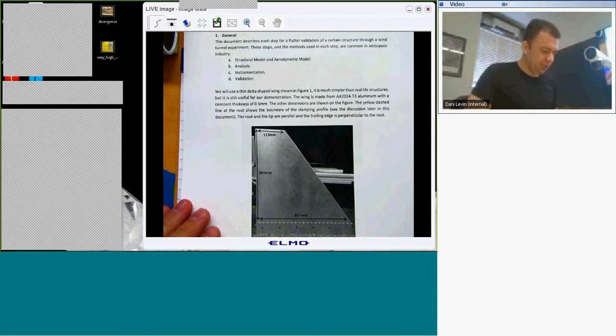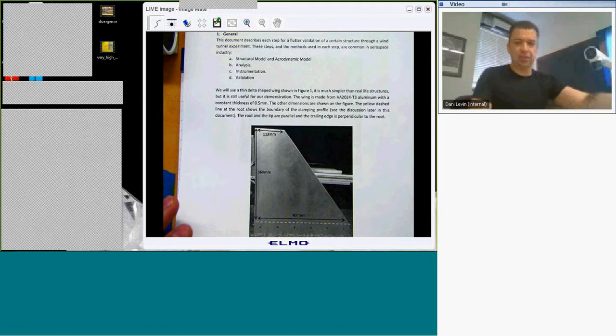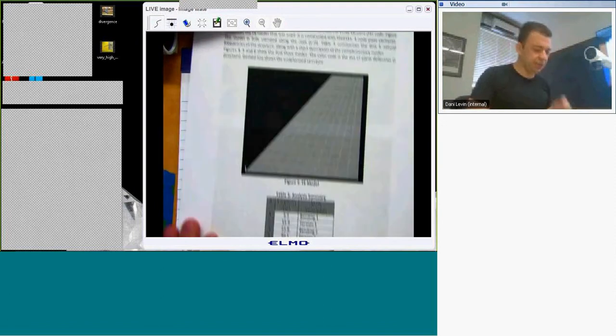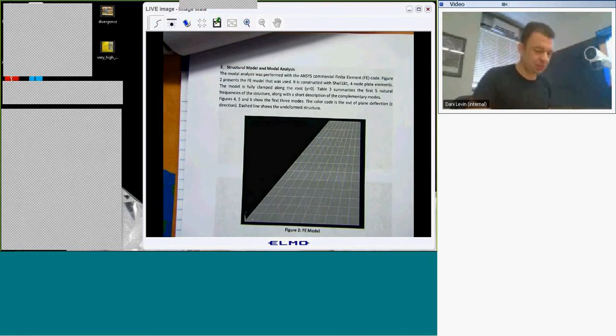Okay, so the first thing that we need to do is do our modal analysis. And this is done in order to obtain these shape functions that we refer to as Xi.